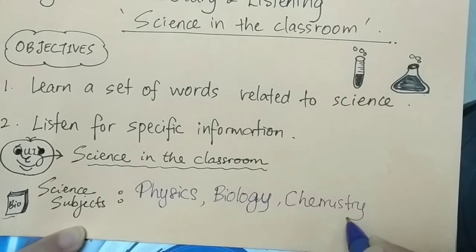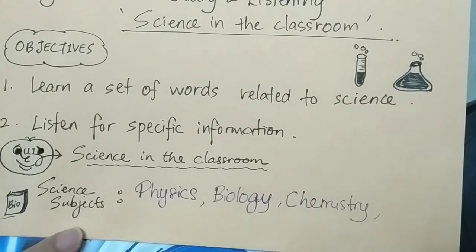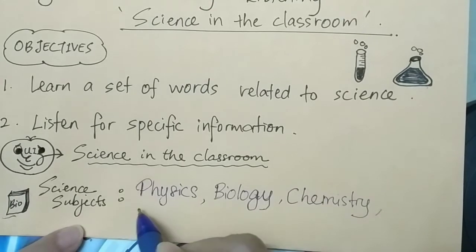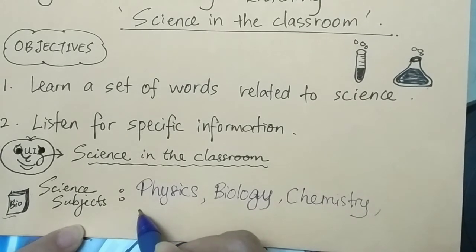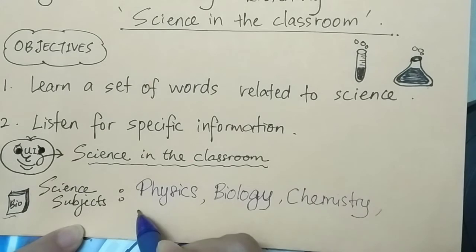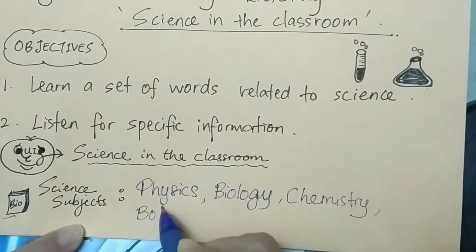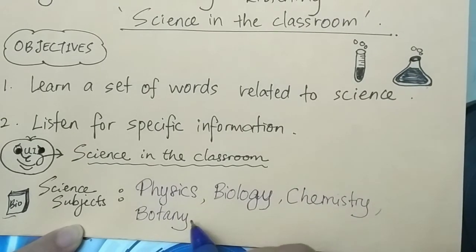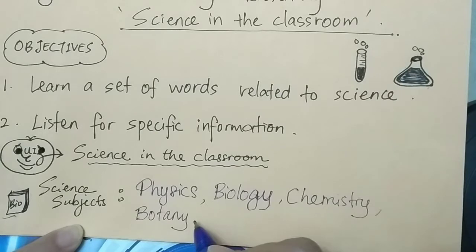Alright, chemistry. I should add another two or maybe three. We can also study, other than what we study in school, science subjects like botany. It has something to do with flora. And here's zoology.